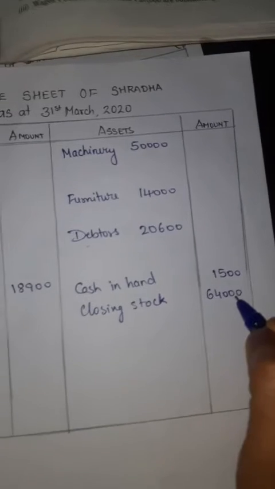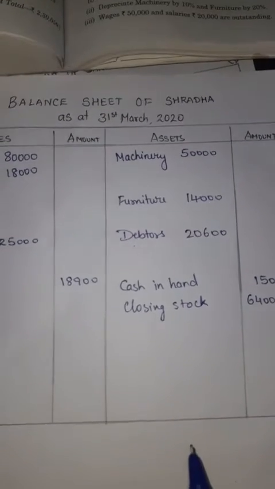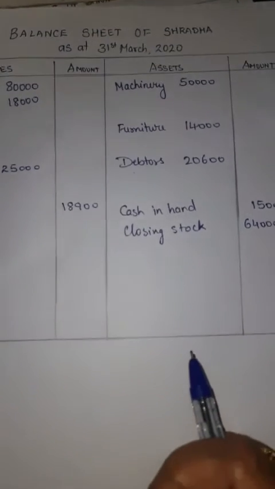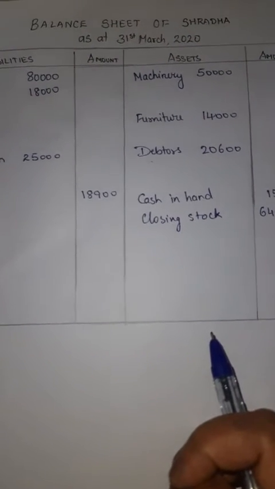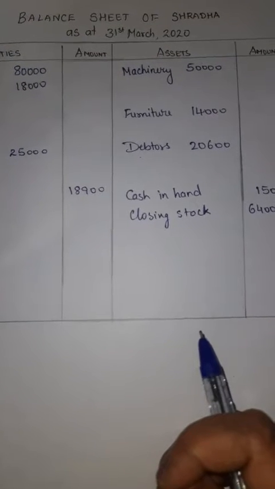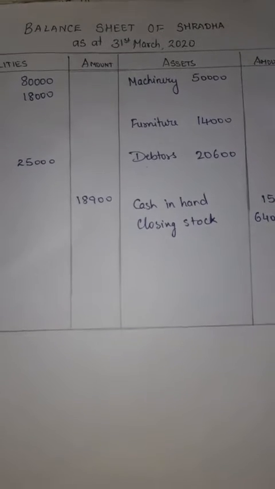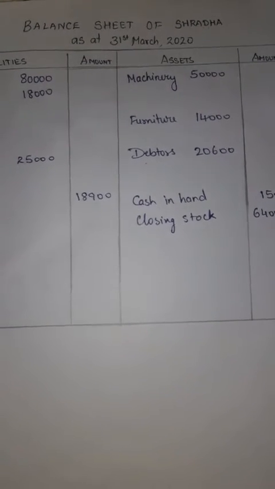So we show the two effects of the adjustment, first on the trading account credit side, and the second one on the balance sheet asset side. The next in your question is wages outstanding.